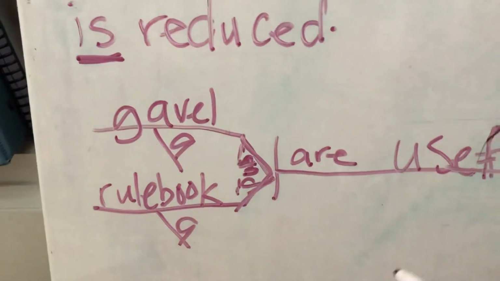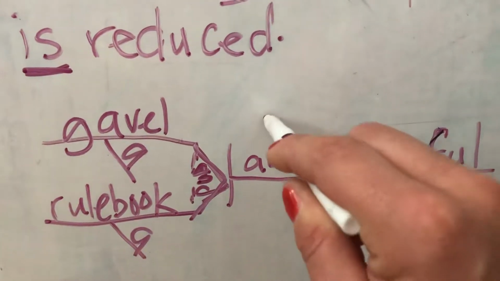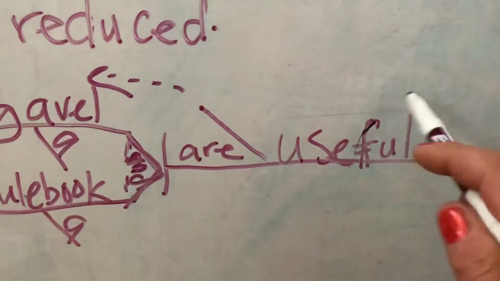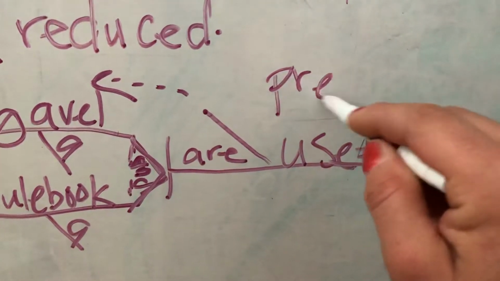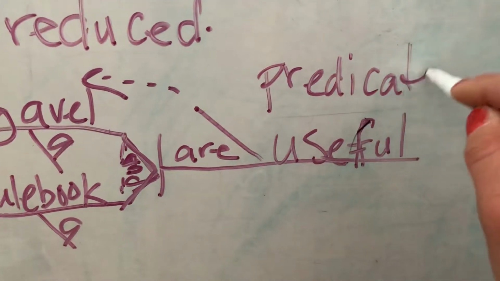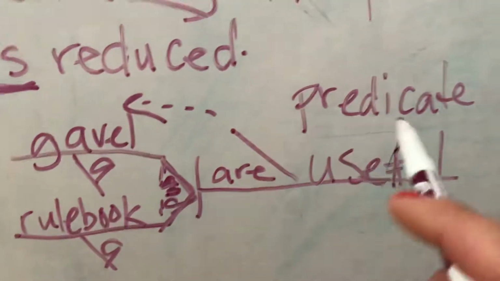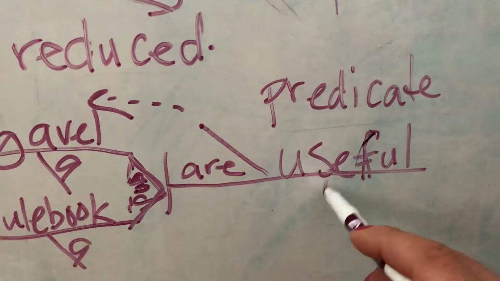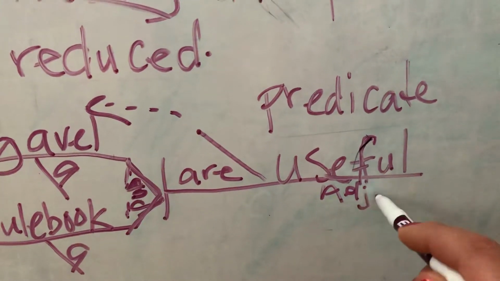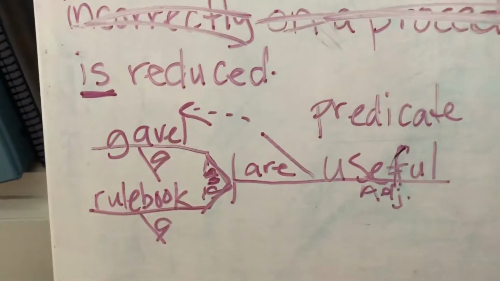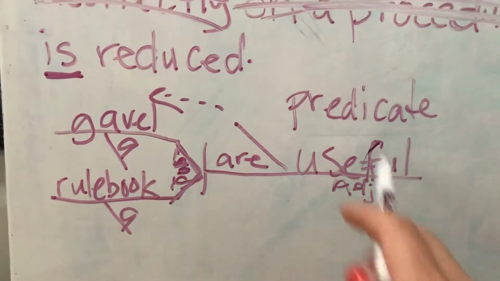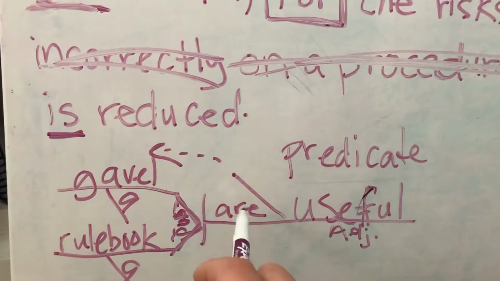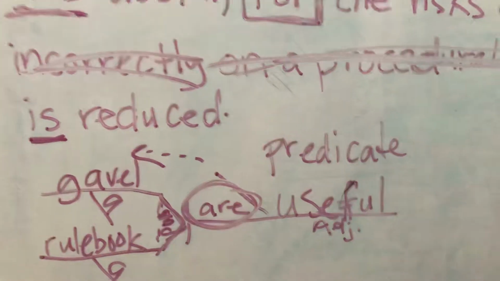It's describing this. And so if I were to draw this out, I would make a diagonal line, because what that's doing is it's pointing back to this. And because this is in the predicate part of the sentence, rather than the subject, this is what we call a predicate adjective, because this is an adjective. Okay, I know this is a lot, but there we go. So now we have the predicate adjective. We've got this whole sentence, and so we also know that "a gavel and a rulebook are" is correct in this part of the sentence.